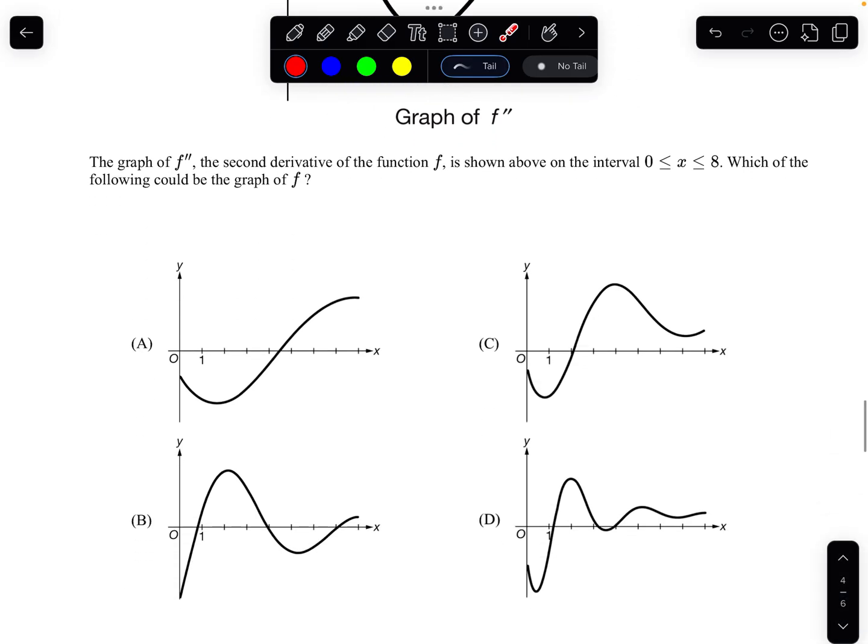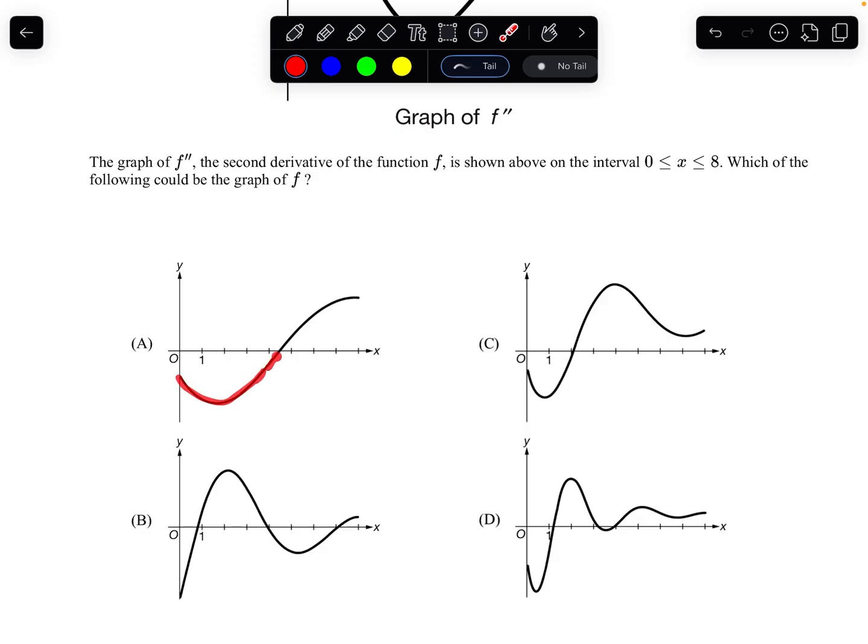So let's see right here. I also like to look at the shape of the curve as a bowl shape or an upward-facing parabola. This graph right here starts with an upward-facing motion, which tells me that slope is increasing, which means the second derivative is positive.